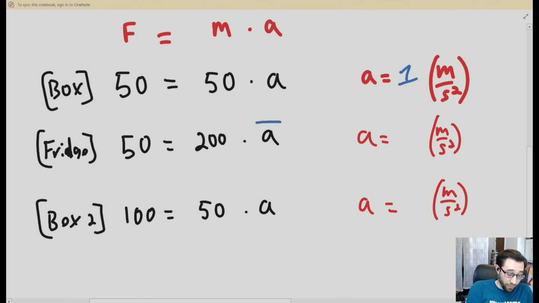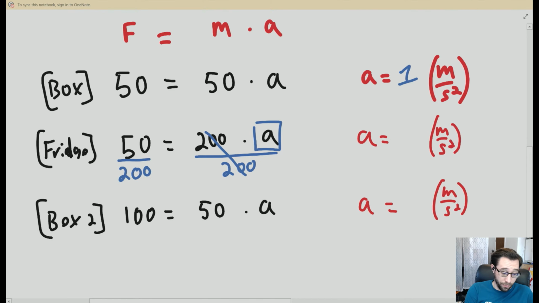If I'm solving for A, I get everything else on the other side. If I want to get A by itself, I divide both sides by 200. So 50 divided by 200 reduces down to 1/4.